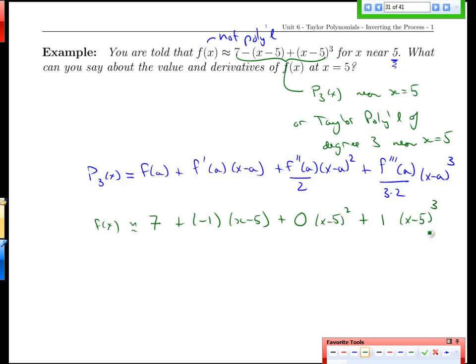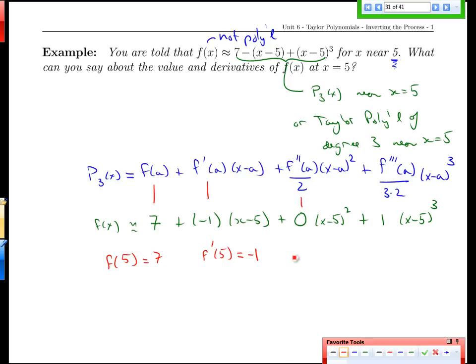So this is what we were given, and the analogy or the mapping we're asking you to draw on is that this is how we would have gotten these particular values. So what we can read off is f of a is 7, or in this case, f of 5 is 7. Here we can read that f prime of 5 must be negative 1.